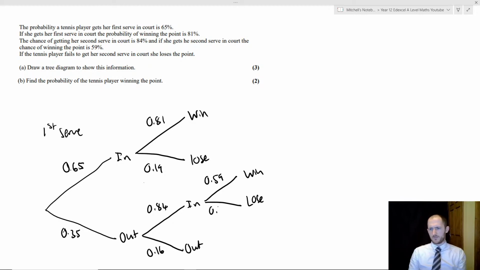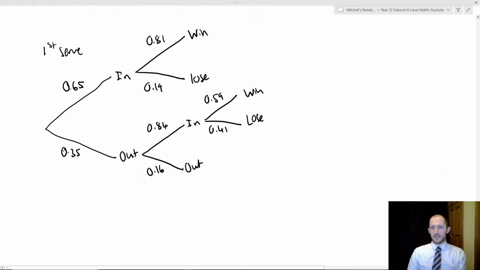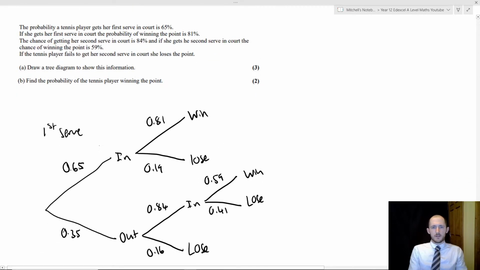So that'd be 0.41. And she loses the point if she doesn't get it in. So instead of out, I'm going to change this to lose, because that's what it says. It gets a tiny little bit complicated in this question, but not too bad.